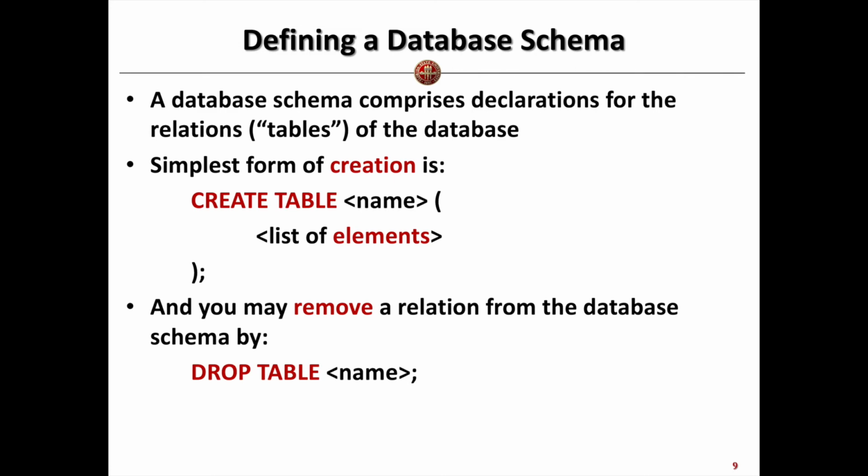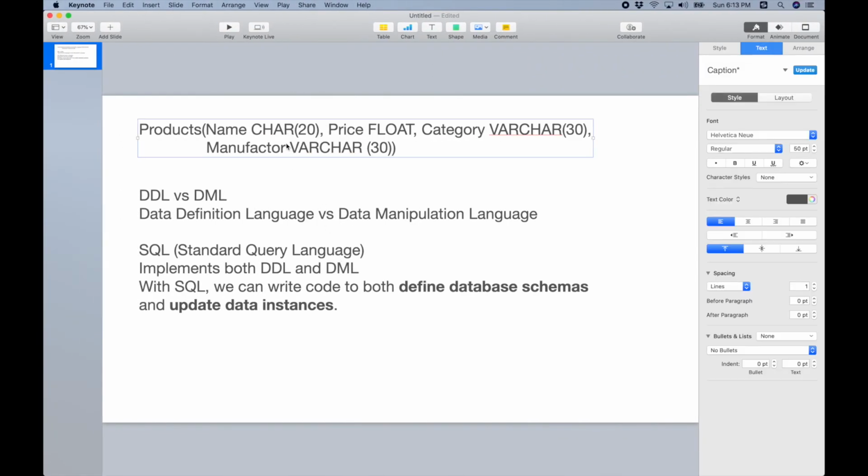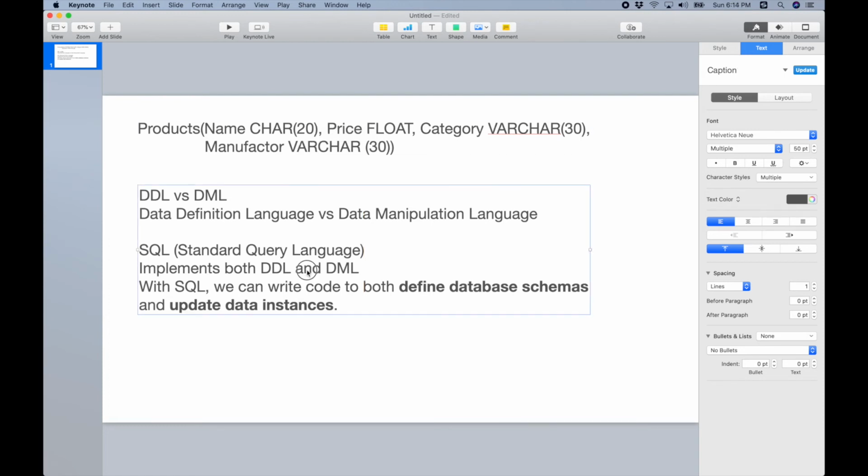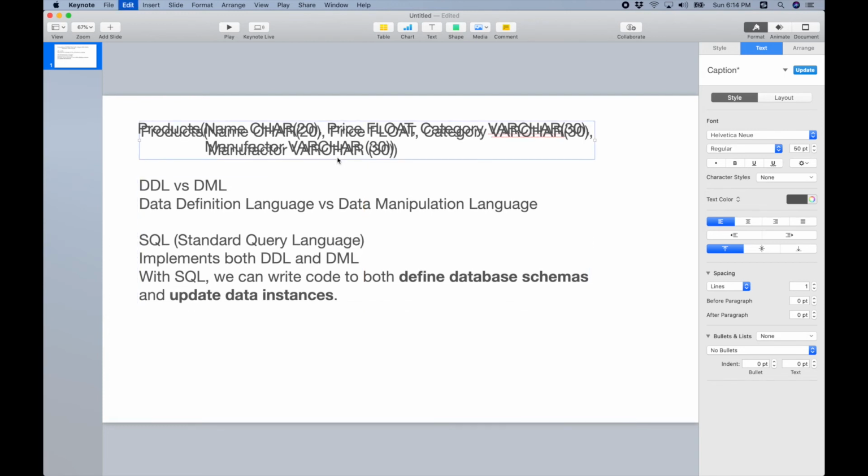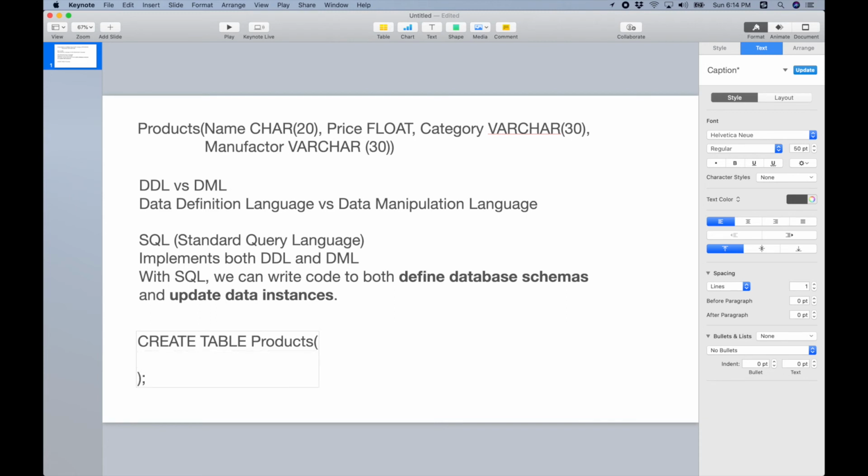We can show you with an example. Here we have a product, this is a relation, right? We write it down on paper like this. However, if we want to implement it with SQL in our database system, we can do so by creating a table for it. For example, we can declare something like this. Create a table. We have product as the table name, with parentheses and a semicolon at the end. Inside it, we have to declare a bunch of attributes.